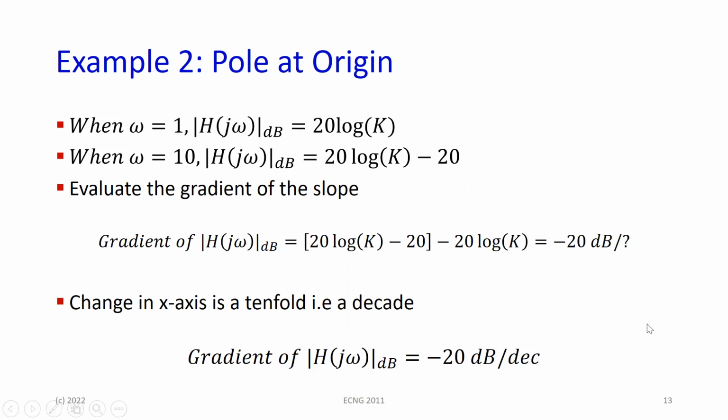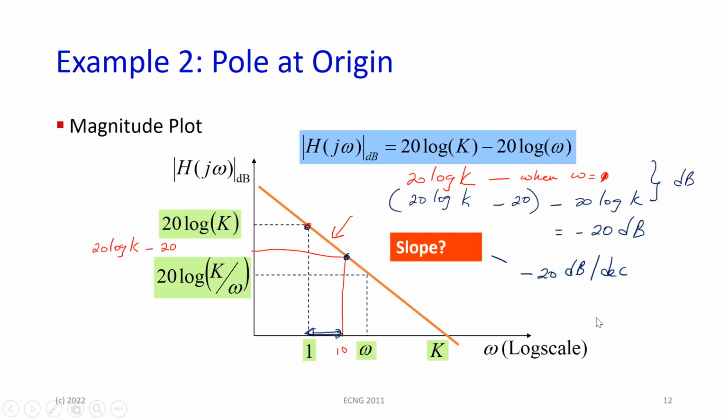Okay, let's go back over. So when we have this equation here for the magnitude response, this is our magnitude response. Let's substitute some values of omega. We know we have a line here, but we want to figure out what the slope of the line is.